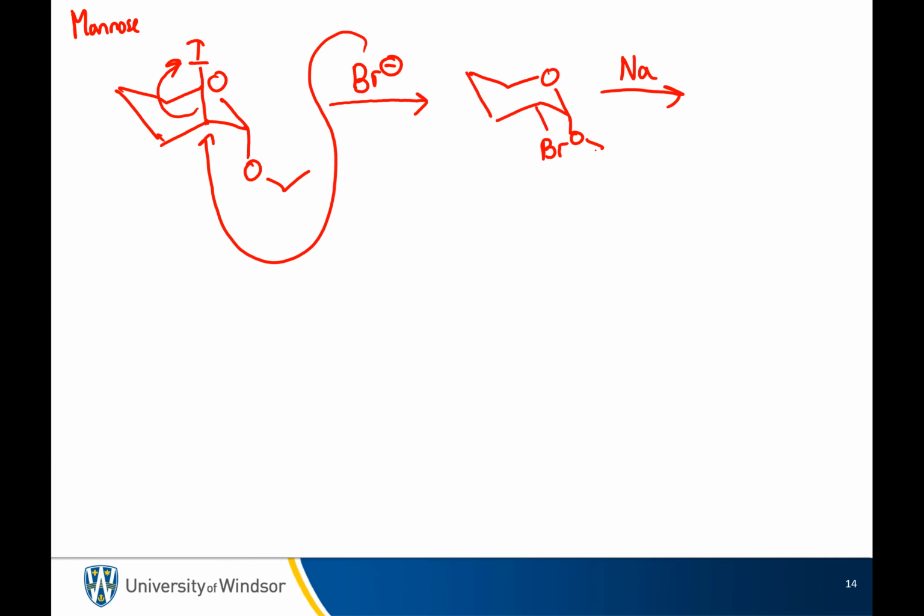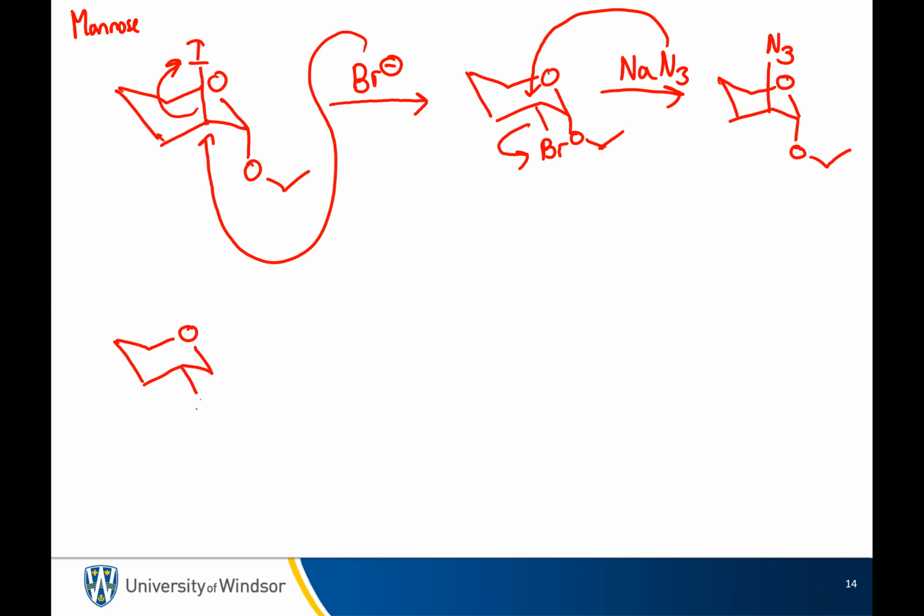The rest of it's like sugar, I don't care. And then another displacement with another nucleophile, so double inversion. You could also do this using Mitsunobu chemistry from the alcohol. So that's another thing you could do. I'll leave this as an exercise.